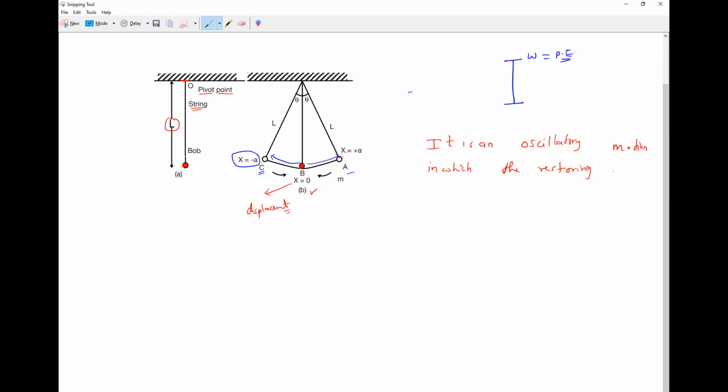Restoring force acting on a body is directly proportional to its displacement from the mean position. Do you understand, everybody?